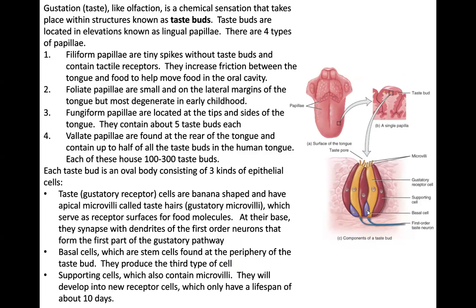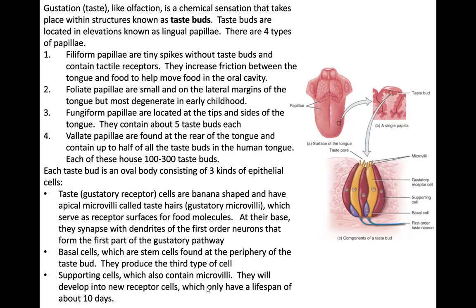Basal cells, these purple shaded ones, are stem cells found at the periphery of the taste bud, and they develop and produce what we call our supporting cells. Supporting cells, these reddish shaded ones, contain microvilli, and then they develop into receptor cells. So the basal cells develop into the supporting cells, which then develop into receptor cells.